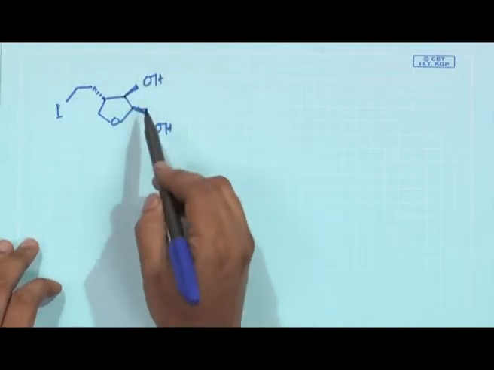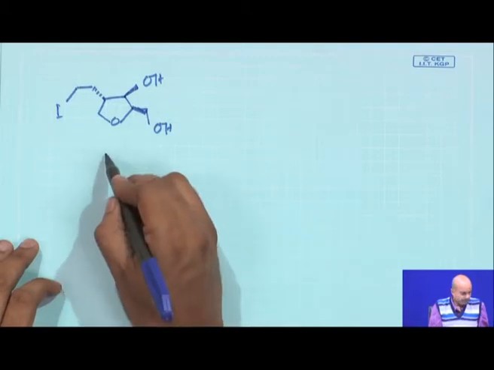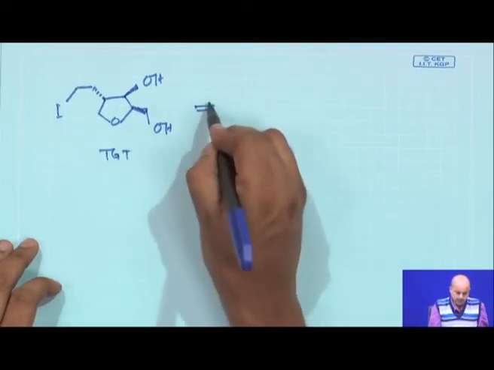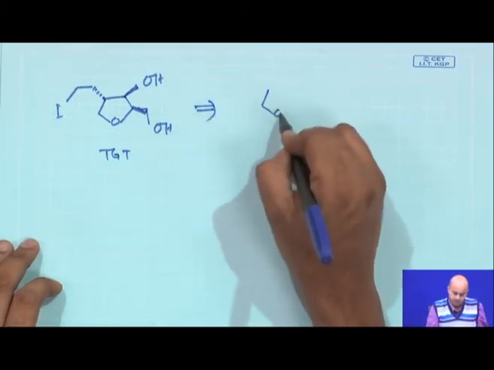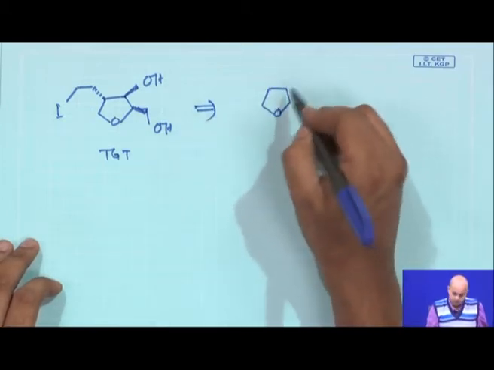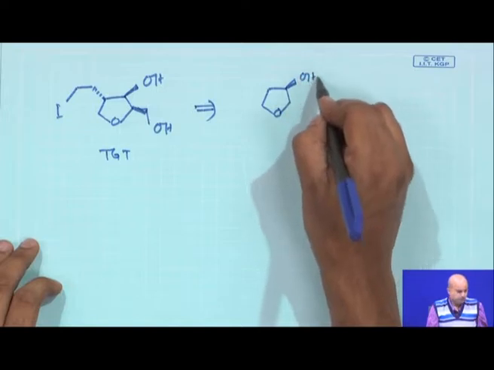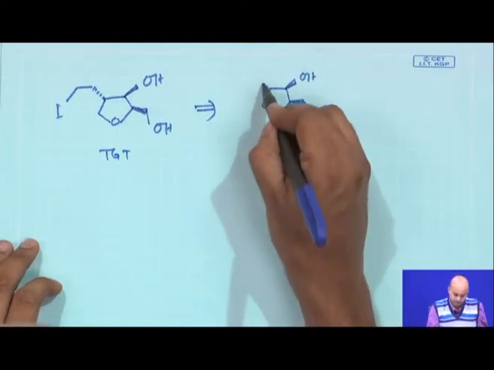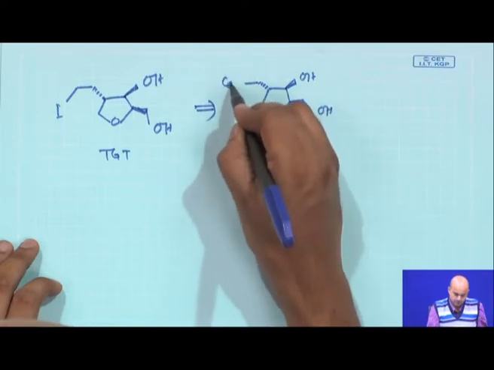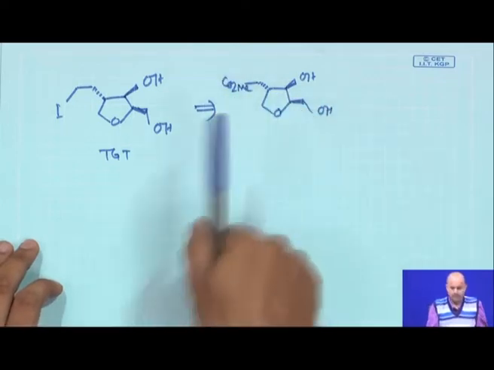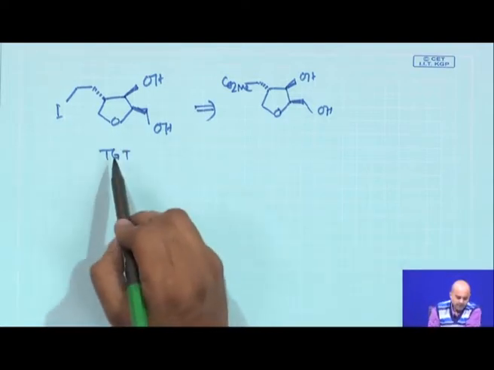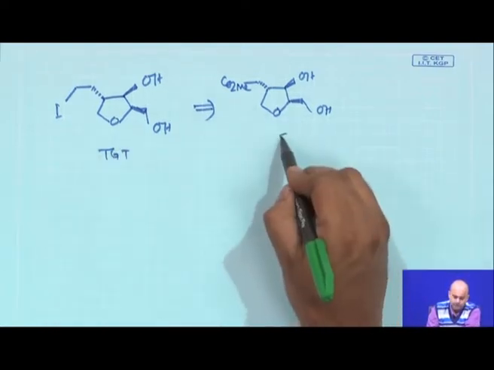Now, if you see, this molecule is basically a target molecule that was given to you, and the starting material was also supplied to you. Now, this looks like a very simple transformation.